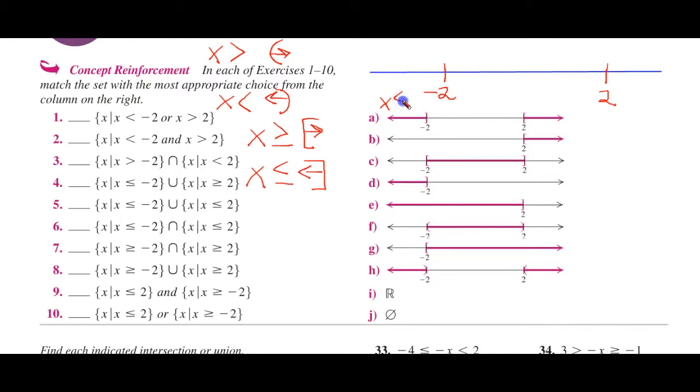Yes, less than or equal to -2 here. And this is x is greater than or equal to, because these are brackets. And then it's a matter of matching up which one this is.